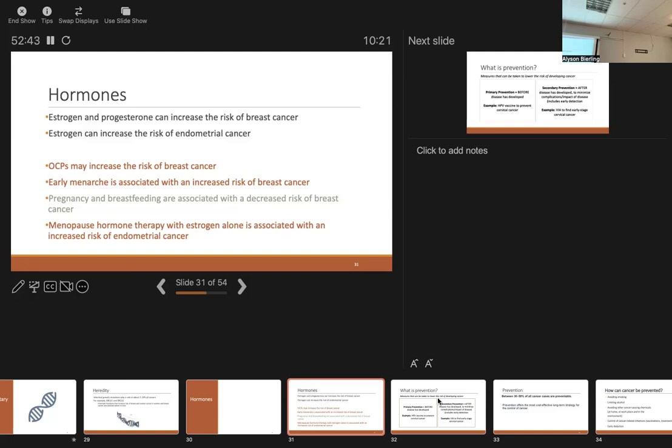Alternatively, while people are pregnant and breastfeeding, they have less exposure during those periods to estrogen and progesterone. So that is why there is a link between pregnancy and breastfeeding and a decreased risk of breast cancer. And then menopause hormone therapy with estrogen is associated with an increased risk of endometrial cancer.